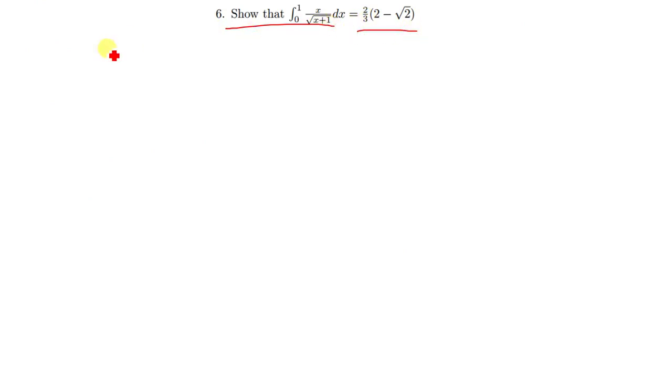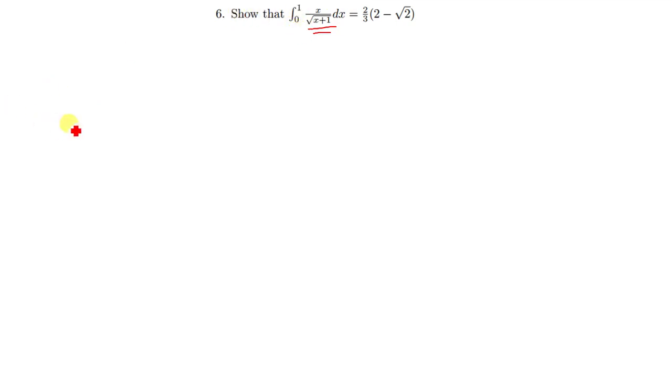So in short, this is a definite integral. What we've been dealing with so far were indefinite integrals. To show that, we're going to integrate this and also take the limits, from 0 to 1.